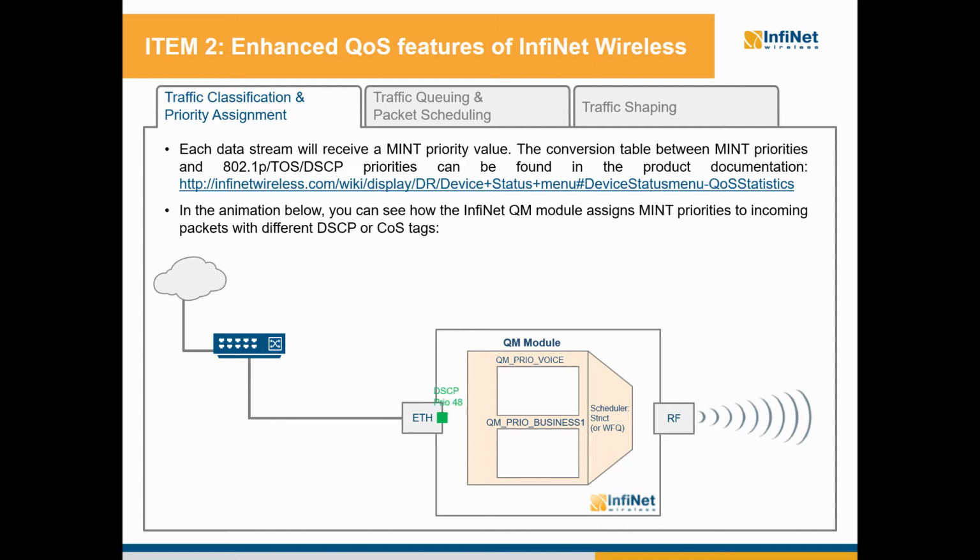So, in the first example, a packet marked with DSCP 48 enters the unit through the Ethernet interface, receives MINT priority 1, and then exits the device through the radio interface. The packet will have MINT priority 1 all across the MINT network if there is no rule defined by the user that changes this. Then, in the second example, a packet marked with COS priority 3 receives MINT priority 9.